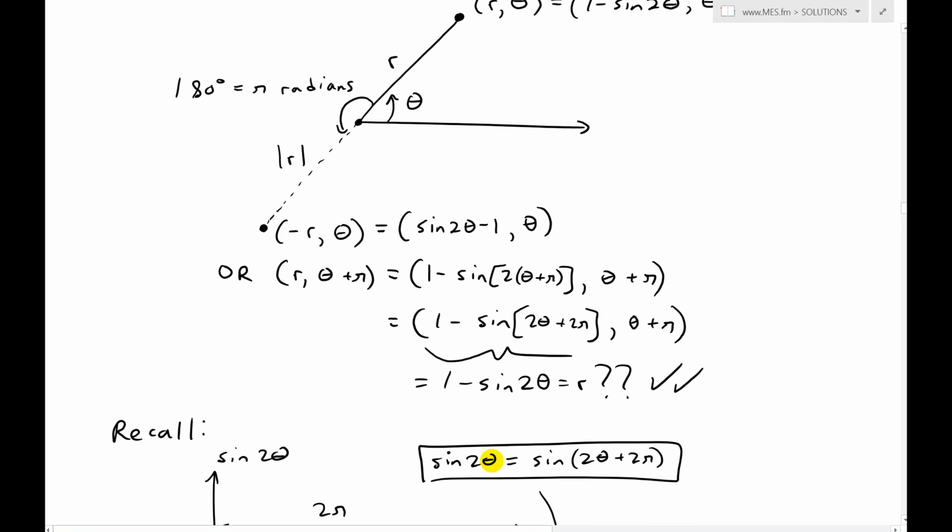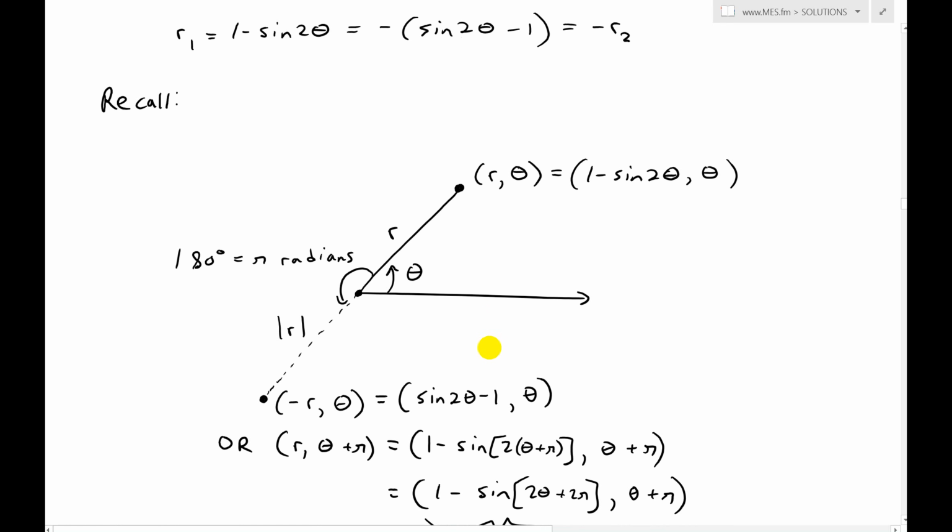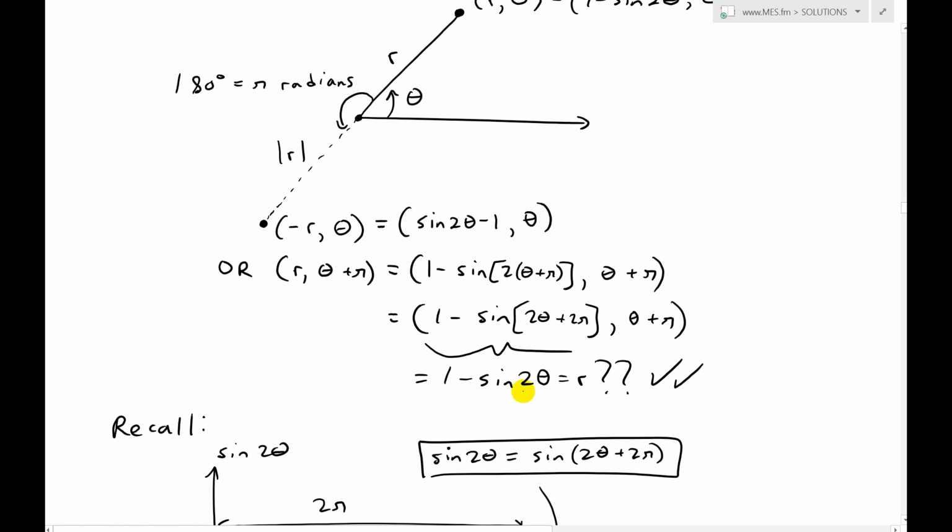And also if we go backwards over here, instead of having this, we could have a negative r and theta plus pi. The negative r is just the negative of this one here, because this is exactly the same thing. So put a check mark there.